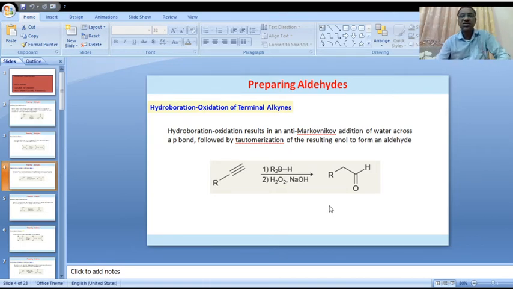That enol structure is an unstable compound. This unstable compound is immediately converted into the aldehyde structure. It produces aldehydes. Okay, from this reaction, hydroboration.